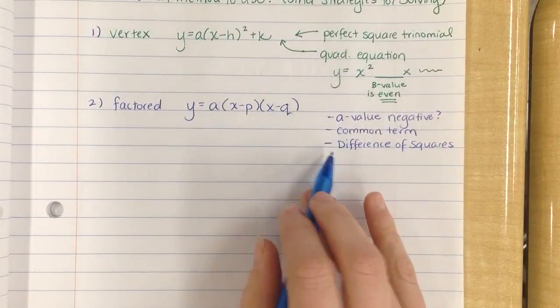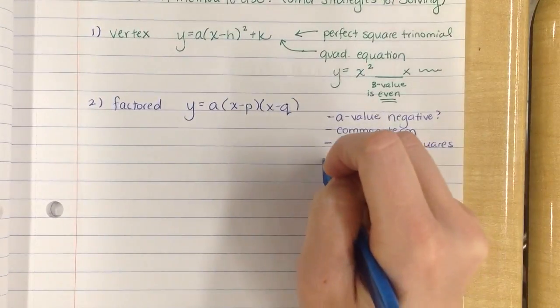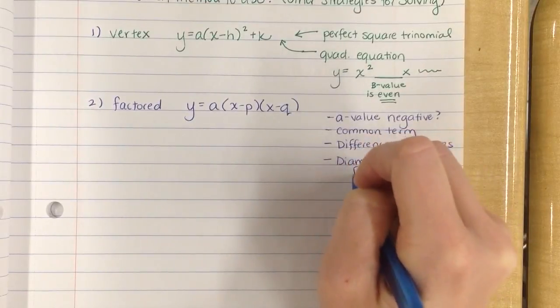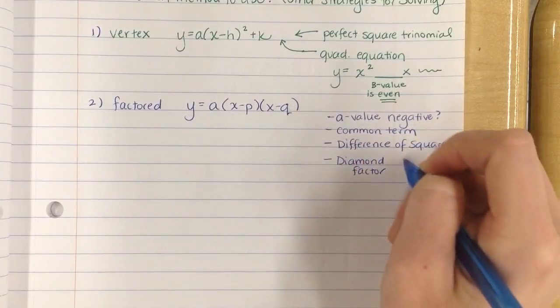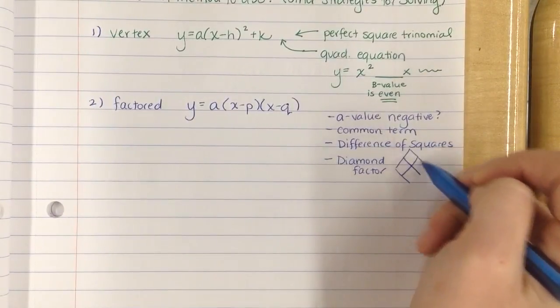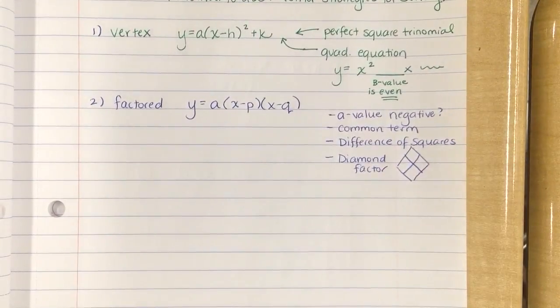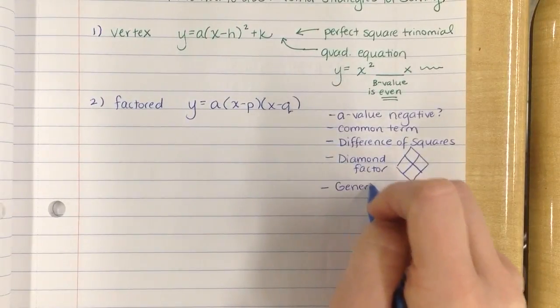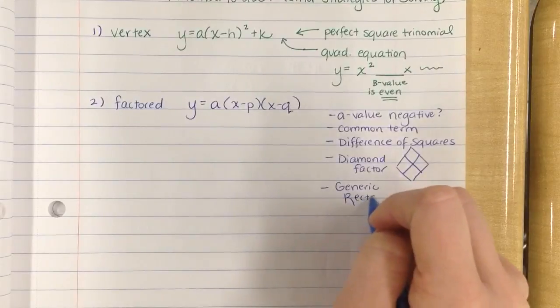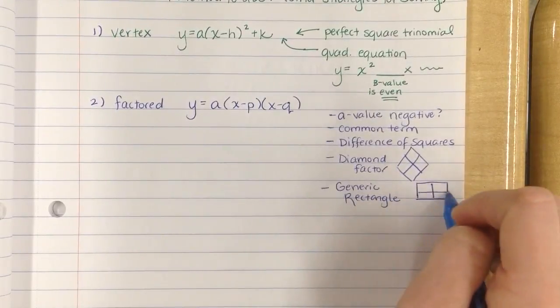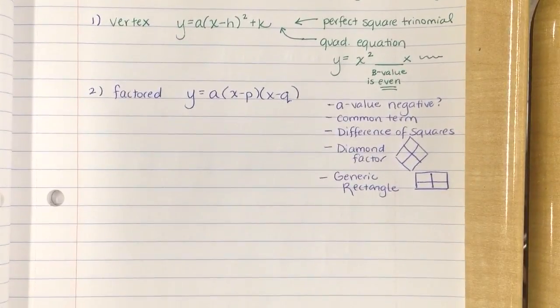If all three of these things have been done and worked on, then we would do the diamond factor to see if the problem can actually be factored. If it can be factored, we would then go and do our generic rectangle in order to find the two different factors.